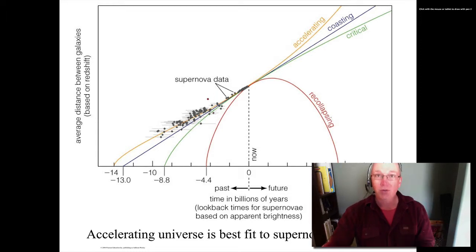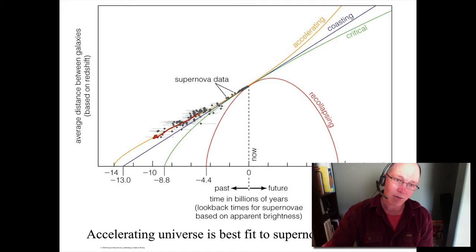So a recent graduate who was a postdoc at the University of Washington at the time was looking into these observations and taking more data. His name was Adam Riess, and he basically took a lot of these other data and determined that all this stuff lies on the accelerating universe.